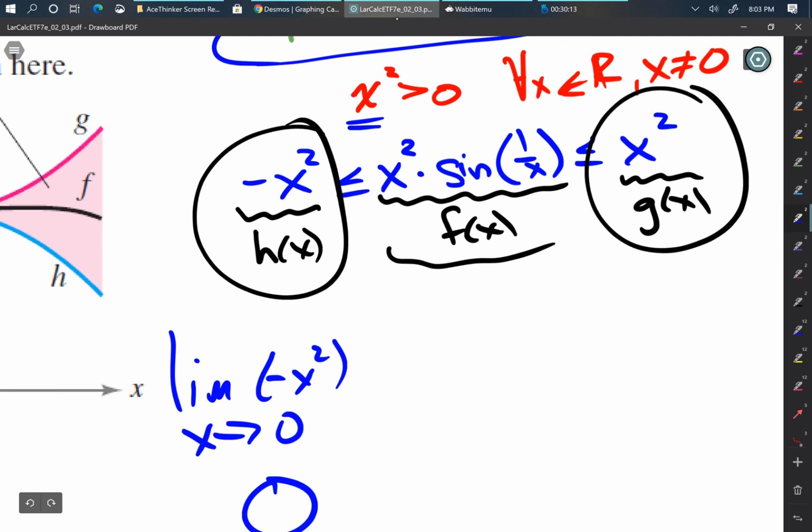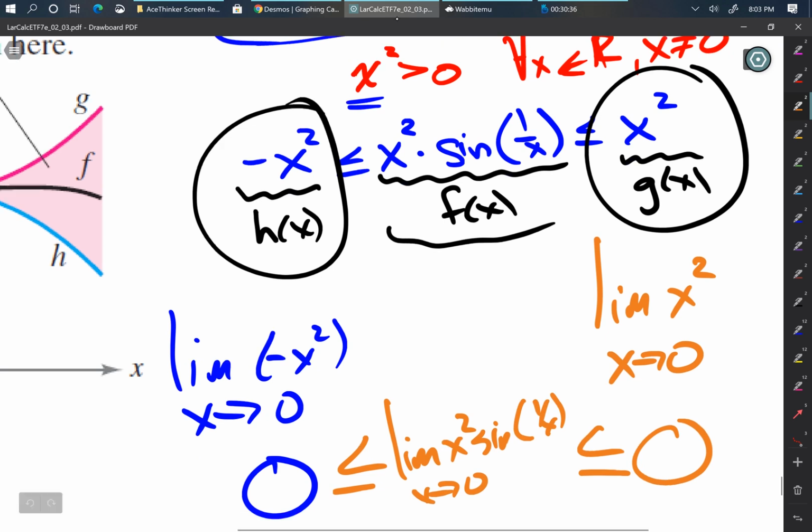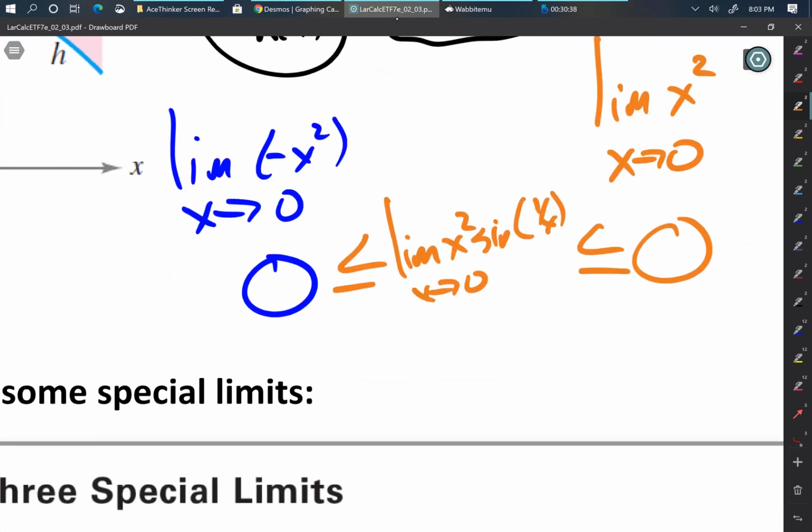And then what is the limit of positive x squared as x approaches 0? That is also direct substitution, 0. So that means that the limit of x squared sine 1 over x as x approaches 0 is somewhere between 0 and 0, or that limit must be 0, trapped in the middle.